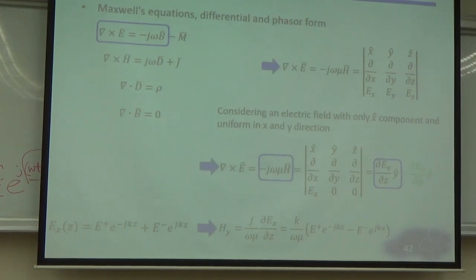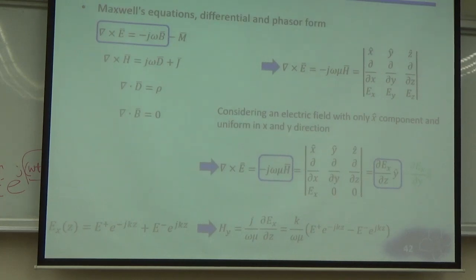Okay? After you learn AC current, you know there are some phases between voltage and current. So you use V equals, I put the R here. After you learn AC current, you say V equals Z times I, right?